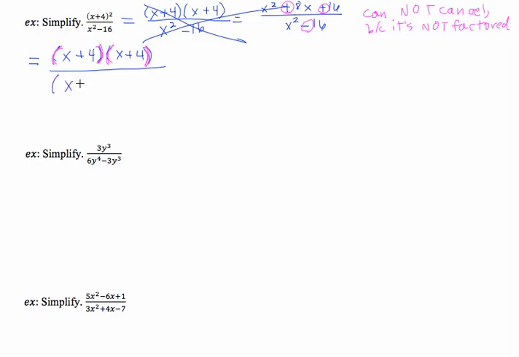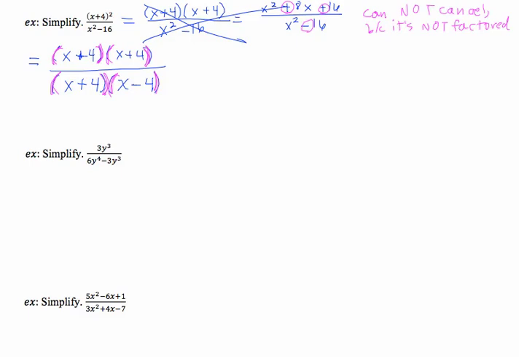By the difference of squares rule we learned in chapter 6, that factors into x plus 4 times x minus 4. Now it's fully factored because everything in the numerator is being multiplied and everything in the denominator is being multiplied. The pluses and minuses are inside of factors, so they're okay. So you can cancel whole factors that are the same.